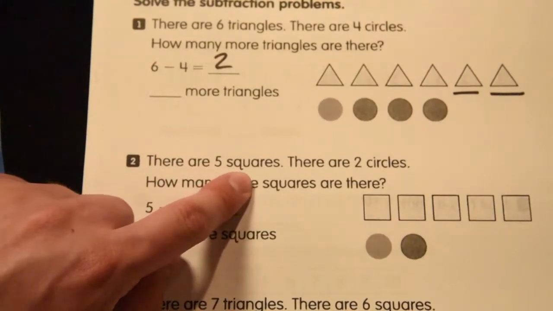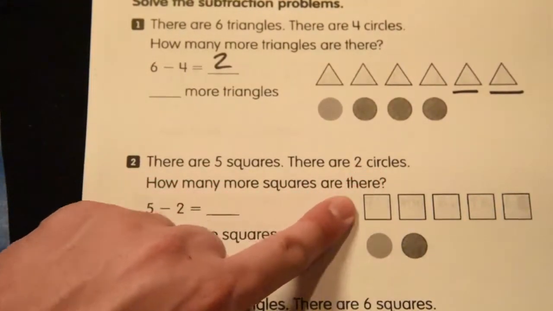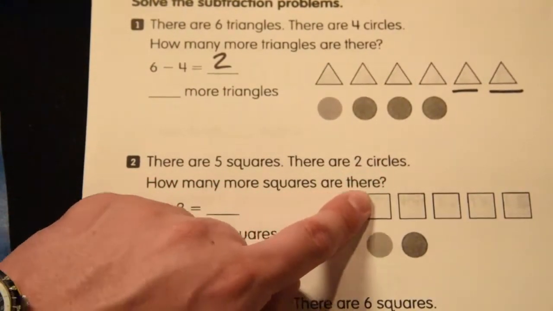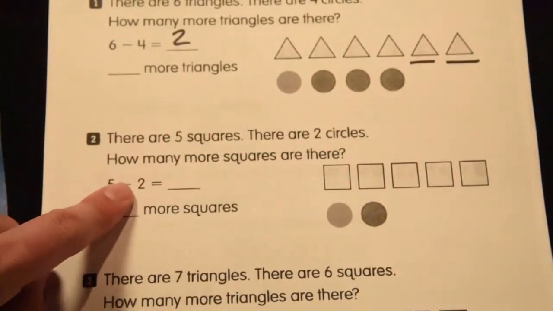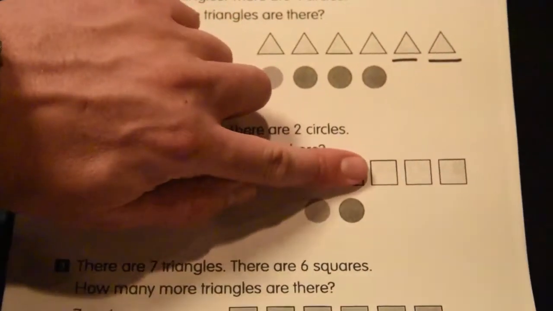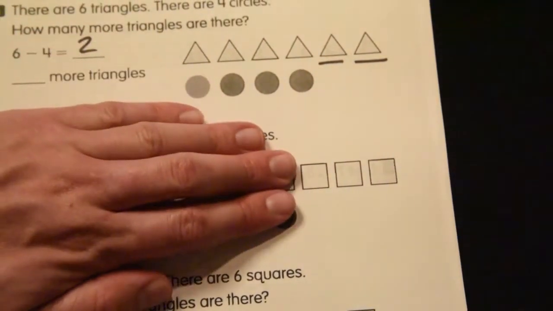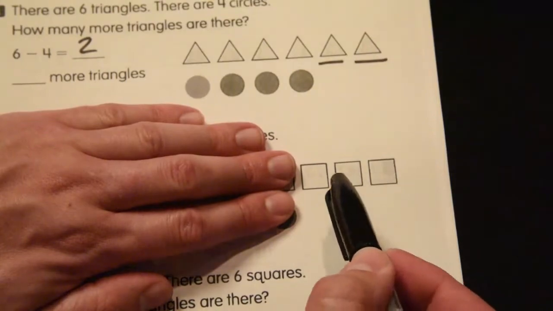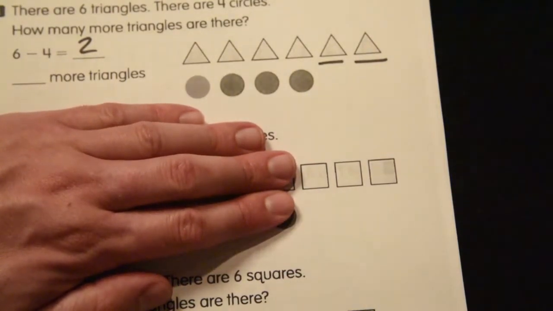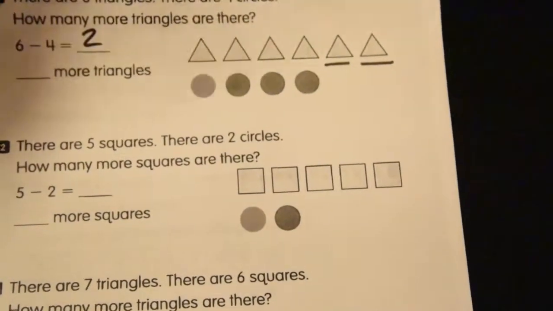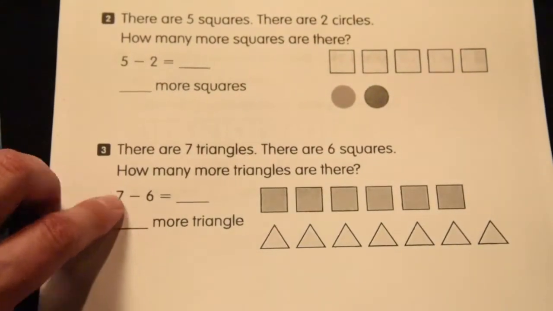There are 5 squares. There are 2 circles. How many more squares are there? So we have 5. We're going to take away 2. Just count these. How many more squares are there? And then the same thing here.